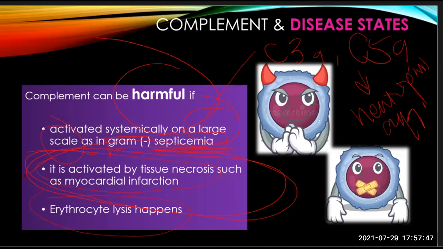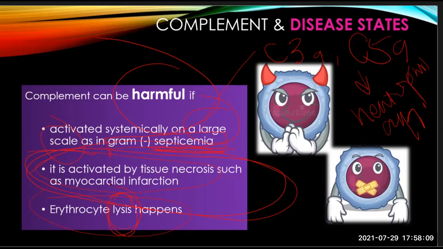So that's it. Aside from gram-negative septicemia, we can observe C3a and C5a in tissue injuries brought about by the obstruction of blood supply. We can also see the presence of C3a and C5a.